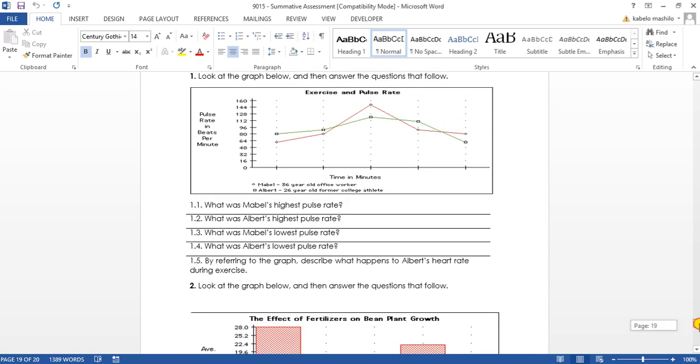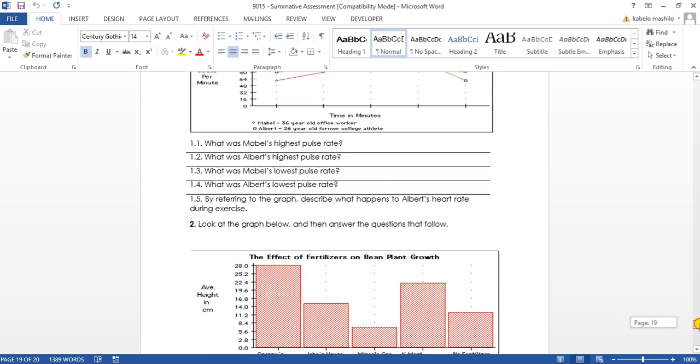So Mabel is the one in red, a 36-year-old office worker, and Albert is a 26-year-old former college athlete. Albert is the one in green, and the pulse rate is in beats per minute, exercise and pulse rate. So you will answer that by referring to the graph. Describe what happens to Albert's heart rate during exercise.